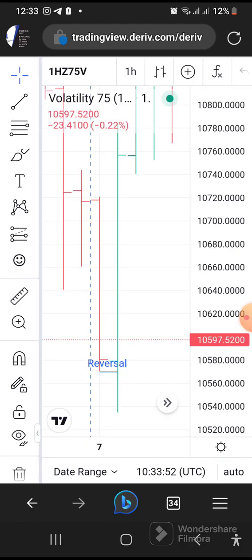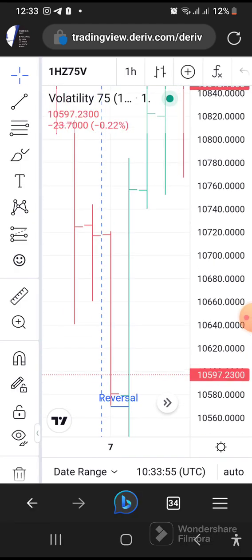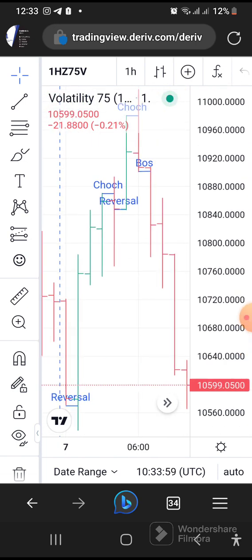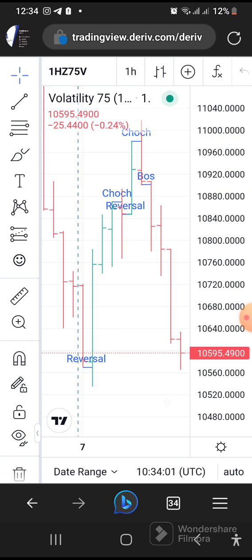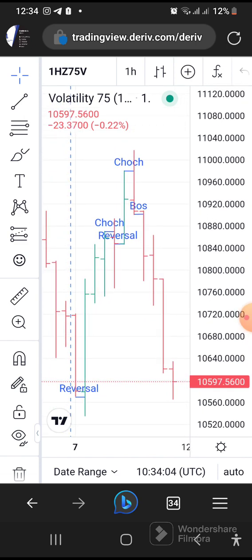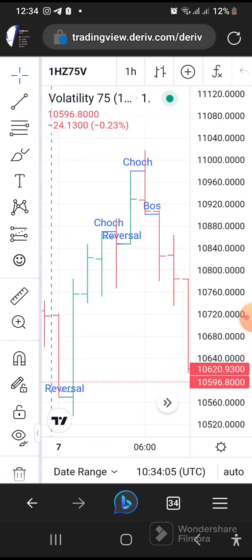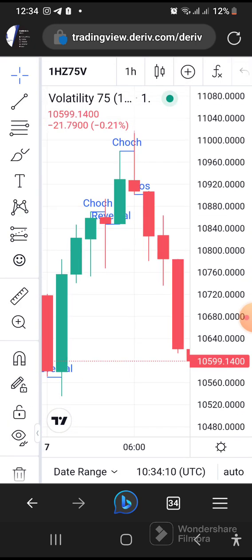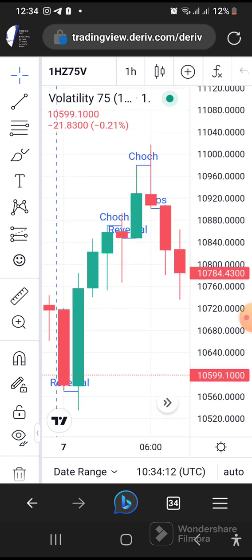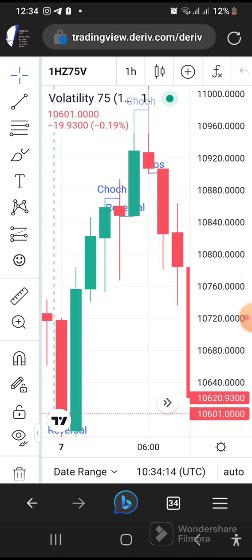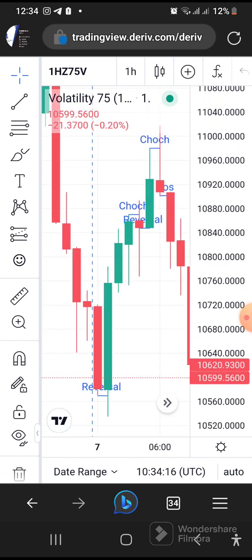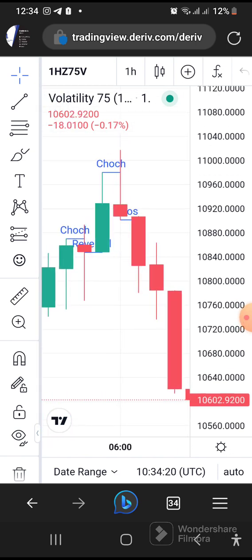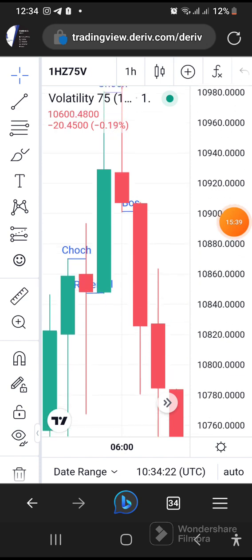So now that we are cross-checking, we noticed that from the start of today's session, we've marked out price action and the steps price has simply done throughout the day. So we are now going to switch back to candlesticks, and boom guys, we now have it, a fully marked out chart with all the steps that we've followed from our break of structure.